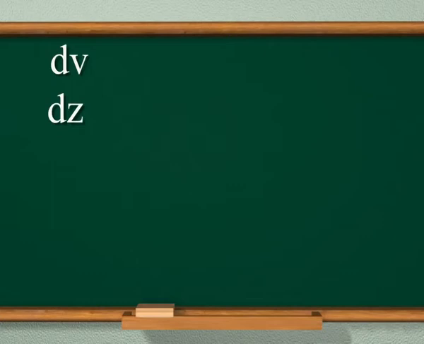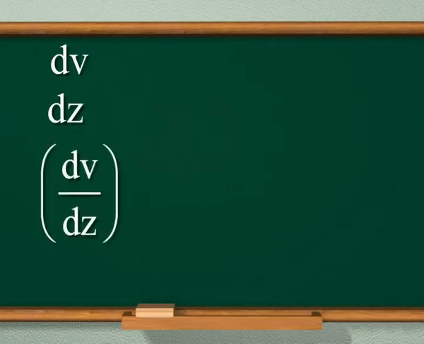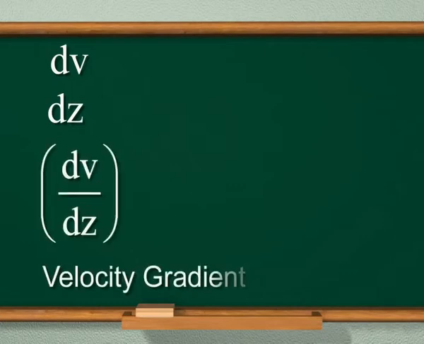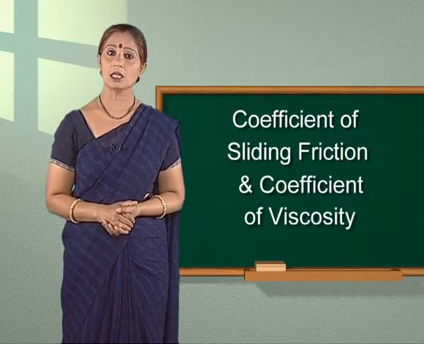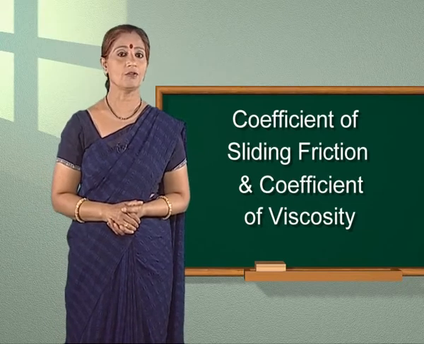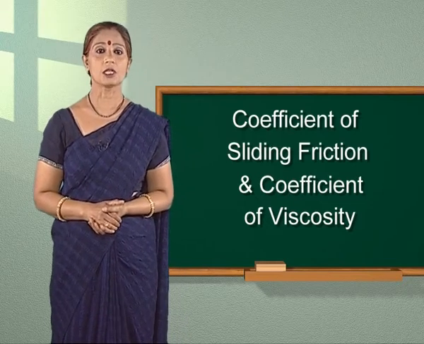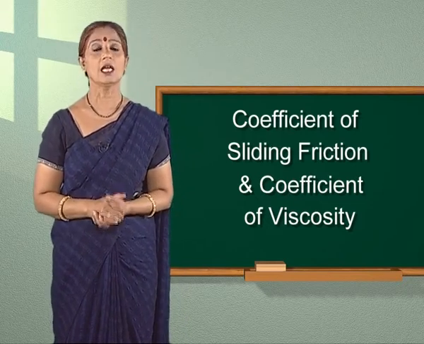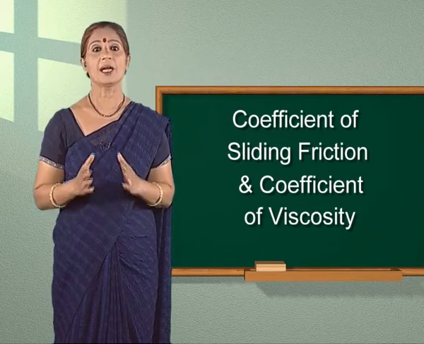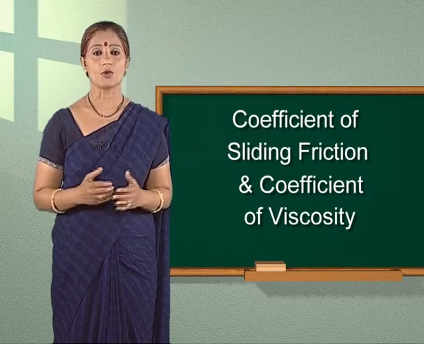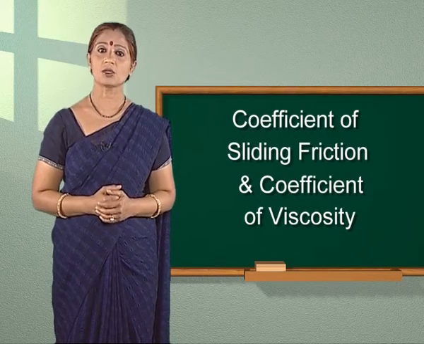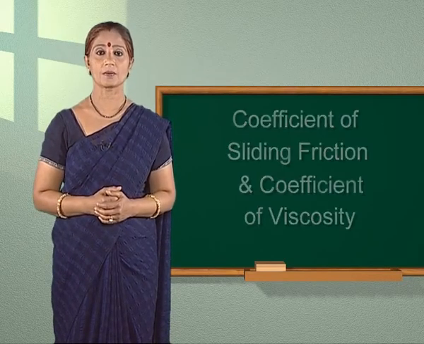The quantity dv by dz is called the velocity gradient. The force of viscosity between two layers of a fluid is proportional to the velocity gradient in the direction perpendicular to the layers. Also, this force is proportional to the area of the layer.